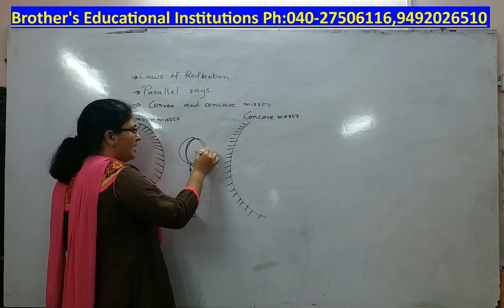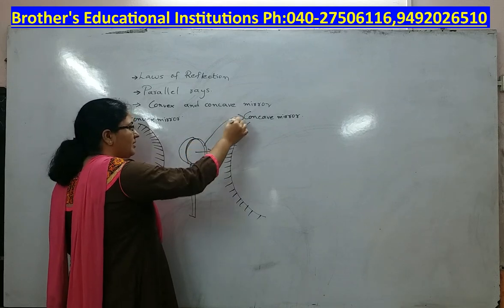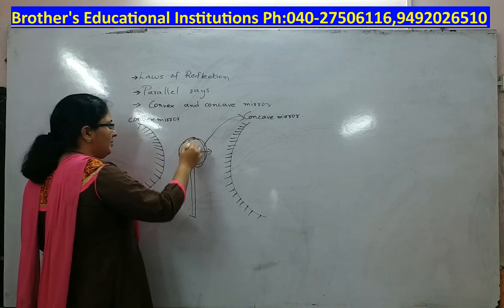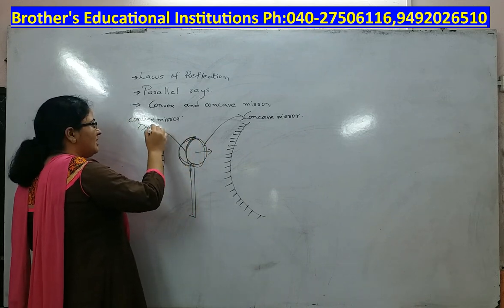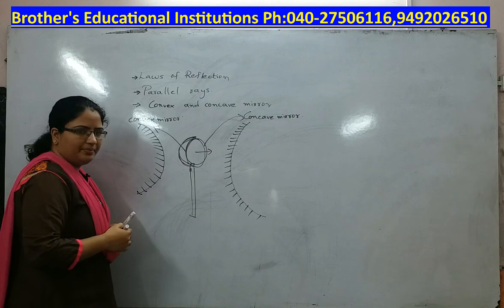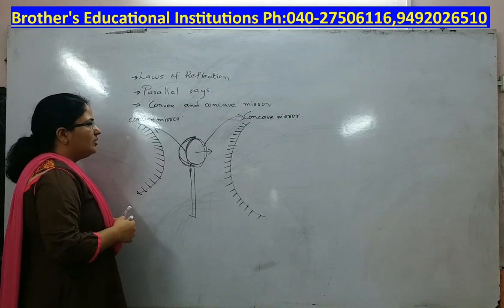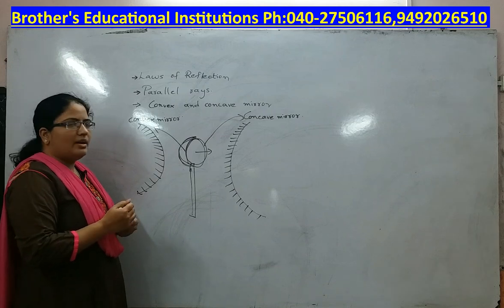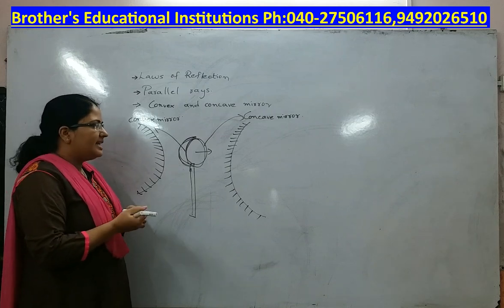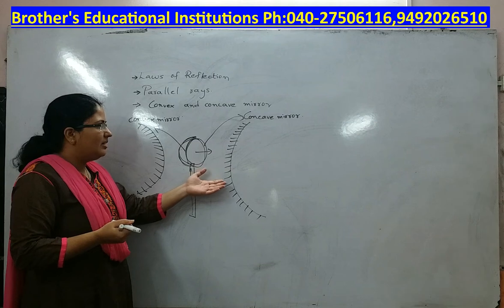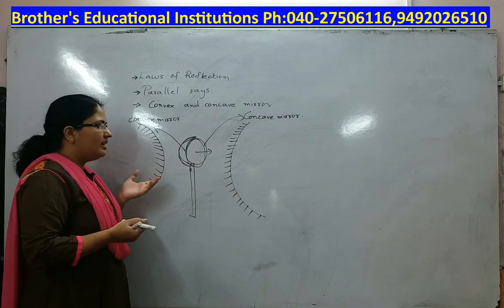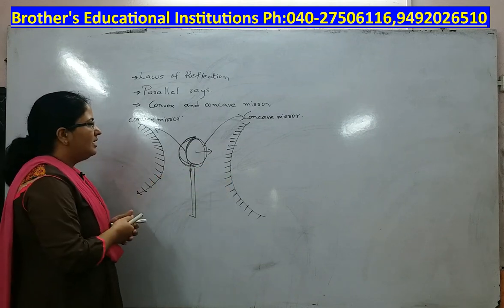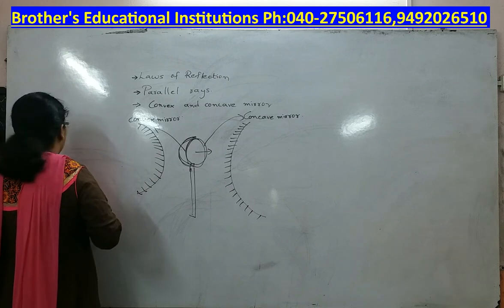The inside part can be treated as a concave mirror, and the backside can be treated as a convex mirror. Now, in today's class, we will be discussing certain rules on how light rays get reflected on a concave mirror and a convex mirror. Let us look into it.